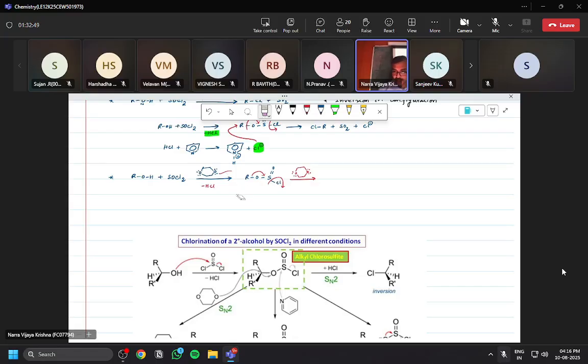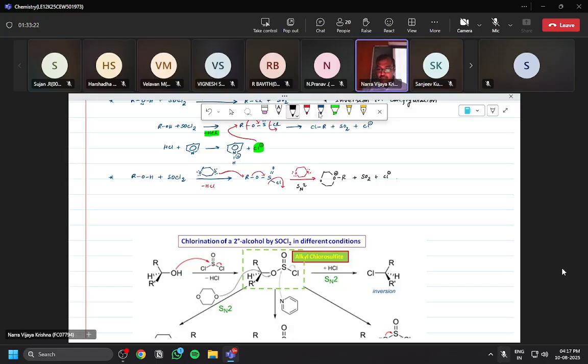Now the reaction proceeded by an SN2 mechanism. Then what did I get? RO with a positive charge here, plus SO2, plus Cl minus. Correct?